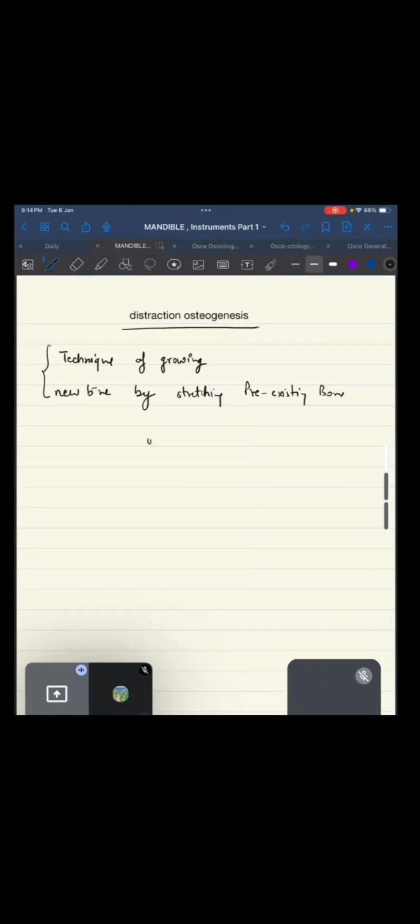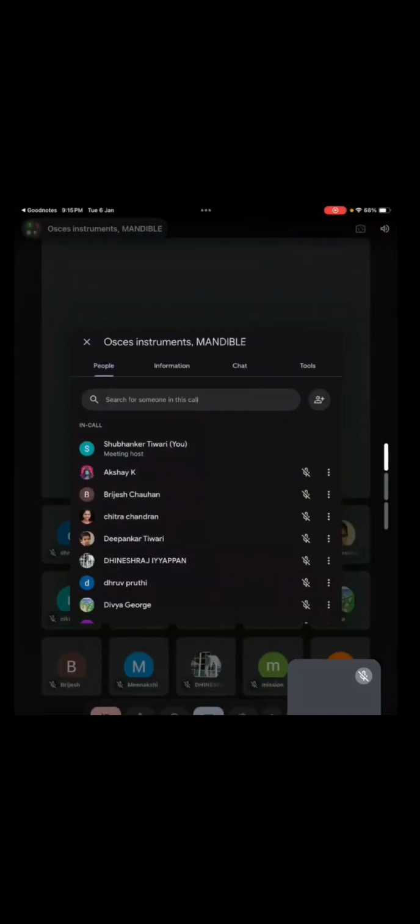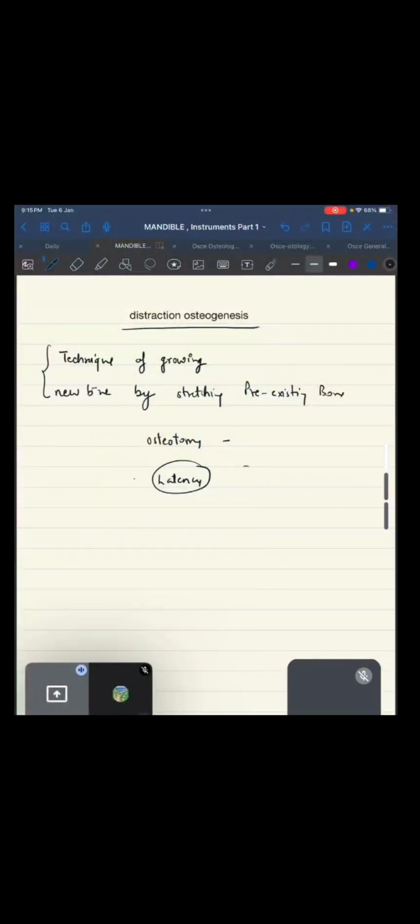What do we do? Initially, you are doing the osteotomy. You are removing the bone, the cuts you are making. Then there is something called the latency period. They might ask you what happens in the period of latency.